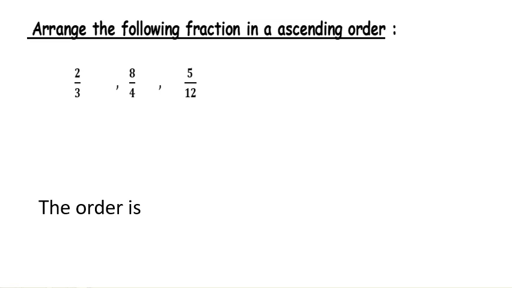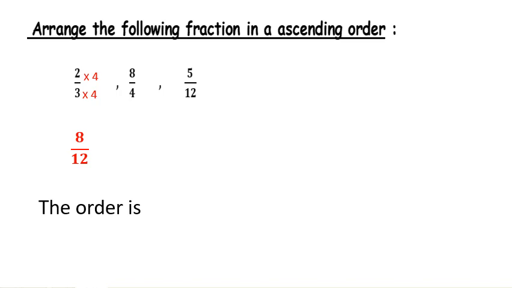Let's make all the denominators 12. How can I do it? I will multiply 3 by 4, and as I do in the denominator, I will do in the numerator. I will multiply also 2 by 4. Then the fraction will be 8 out of 12. 2 multiply 4 equals 8, and 3 multiply 4 equals 12.